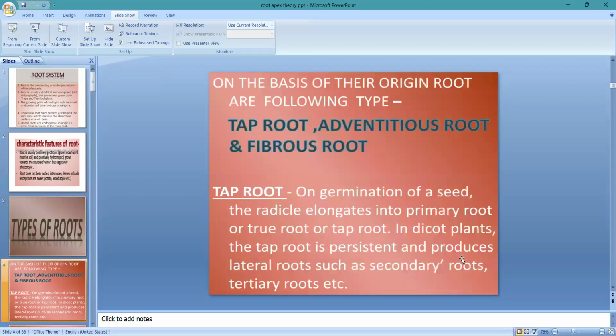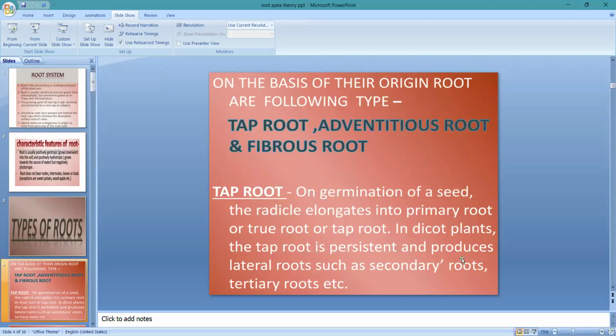Types of roots, on the basis of their origin: taproot, adventitious root and fibrous root. Three types of roots are there. The first one is the taproot. On germination of a seed, the radicle elongates into the primary root, or true root, or taproot. In dicot plants, the taproot is persistent and produces lateral roots such as secondary and tertiary roots.